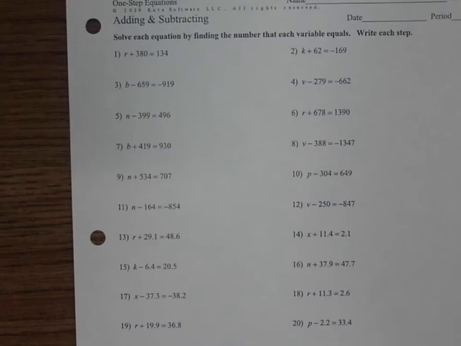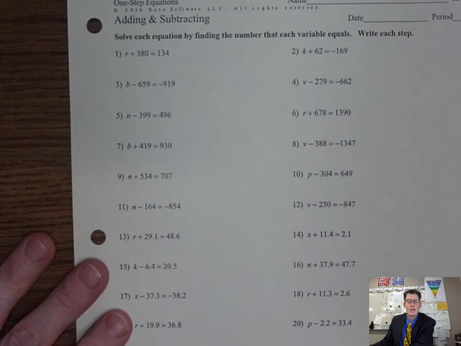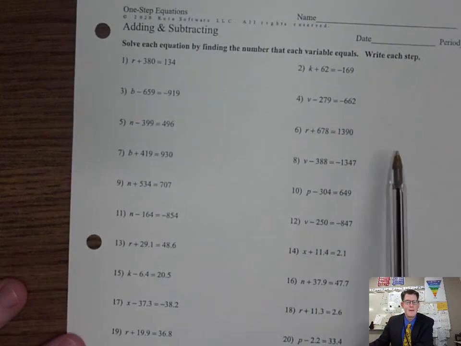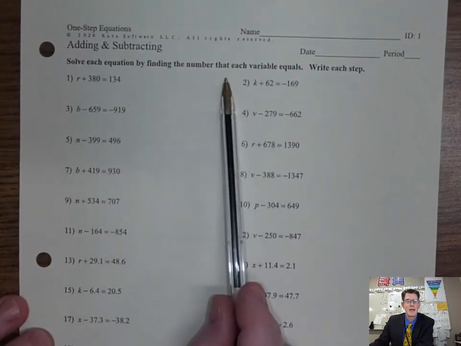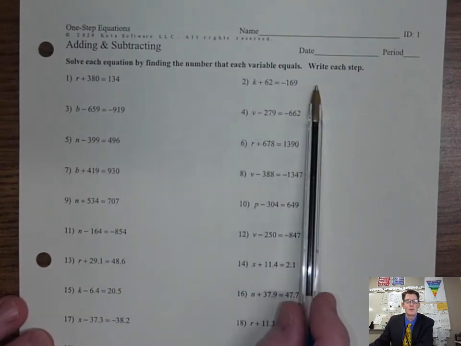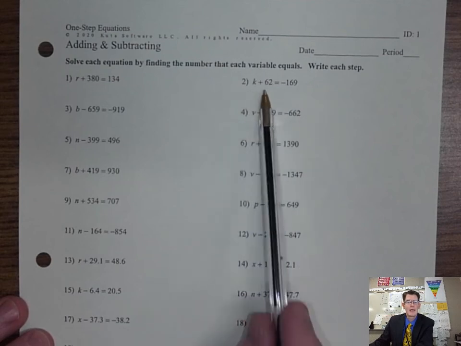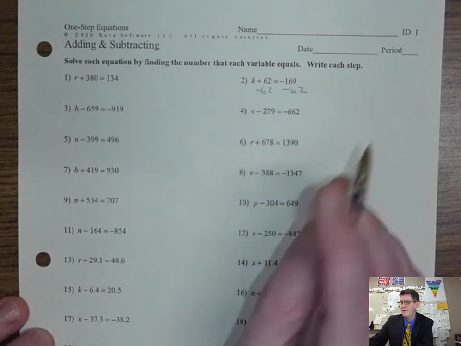So that's the concept for today. If you look at the next item, if you look at the worksheet for today, you can see these problems that are worked out. Solve the equation by finding the number that each variable equals and write each step. So for example, right here, I've got k plus 62, so I subtract the 62 off of both sides.